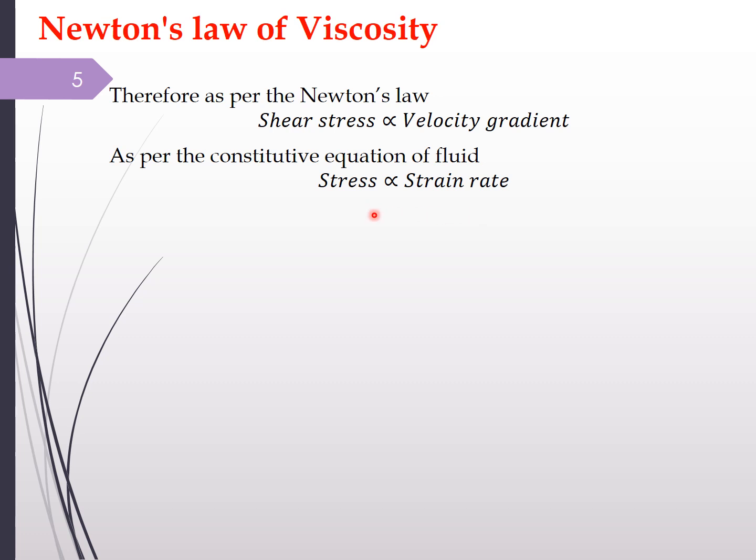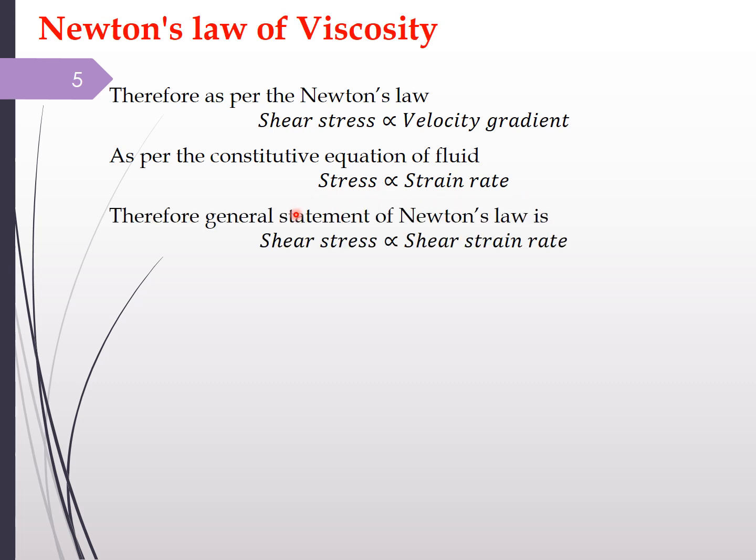In case of a solid, the stress was proportional to strain. And in case of a liquid, stress is directly proportional to strain rate because continuous deformation of the fluid takes place. So stress is directly proportional to strain rate as per the constitutive equation of the fluid.